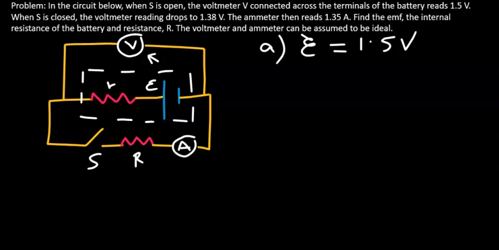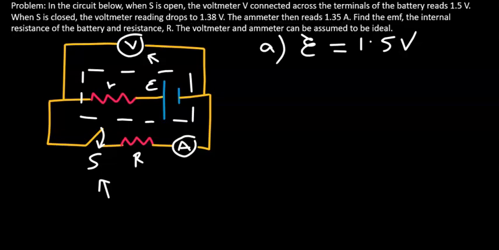Now we are told that when the switch S is closed, the voltmeter reading drops to 1.38 volts, and the current in the circuit as measured by the ammeter is 1.35 amperes.